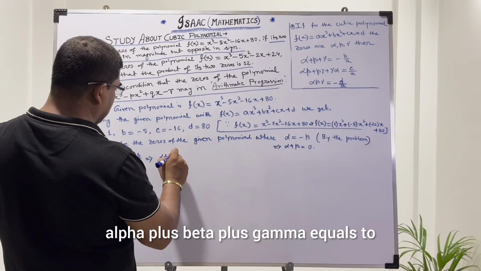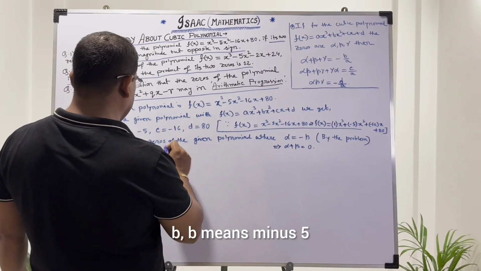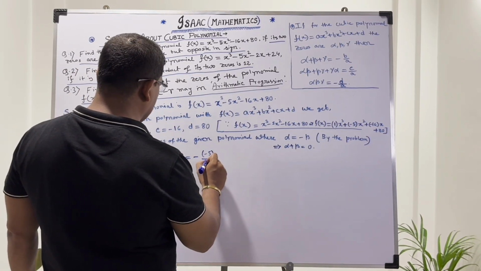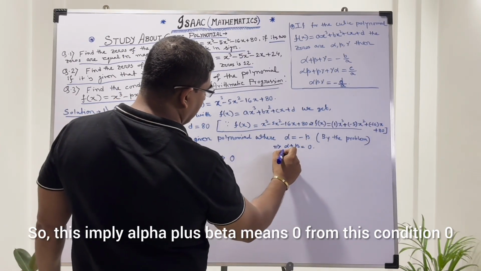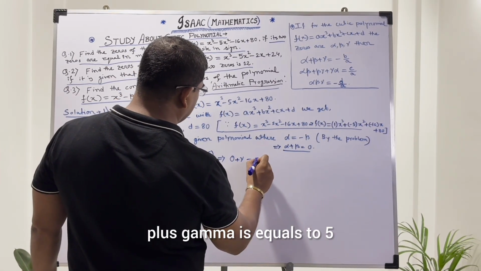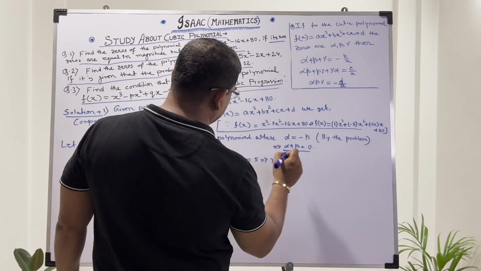Alpha plus beta plus gamma equals minus b by a, which implies alpha plus beta plus gamma equals minus of b, b means minus 5, and a means 1. Alpha plus beta means 0 from this condition, so 0 plus gamma equals 5. So this will give gamma equals 5.